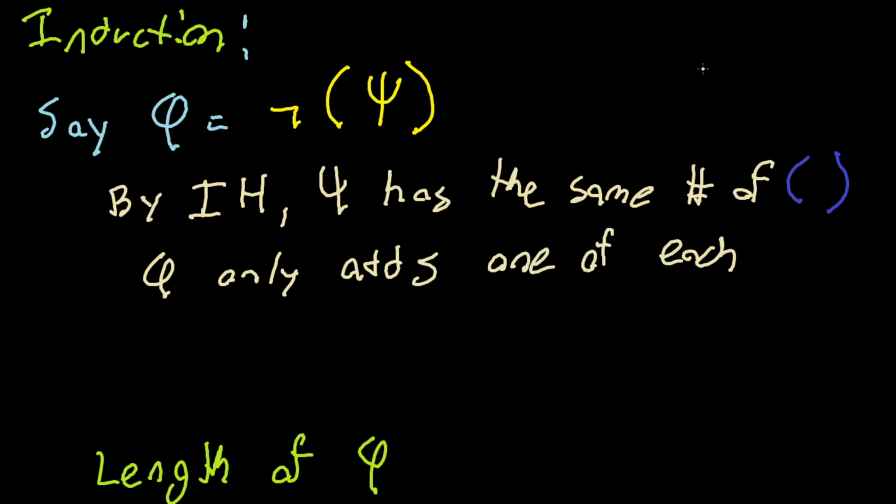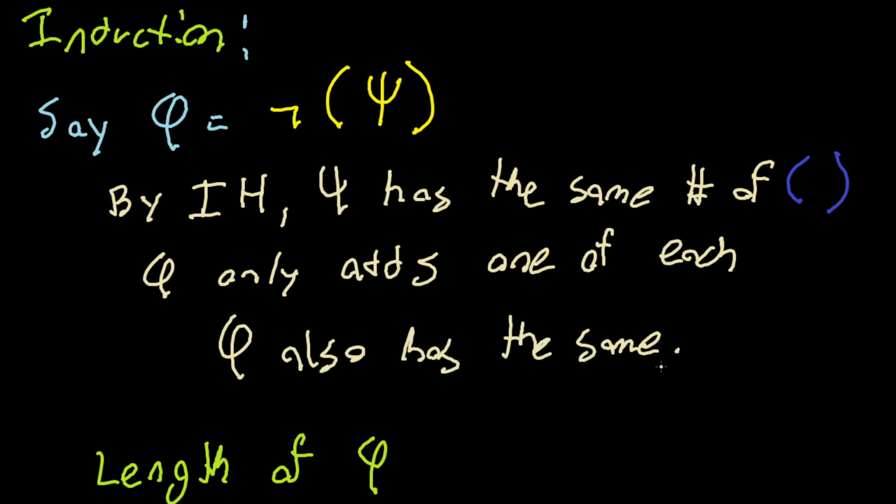So clearly, if we add precisely one open parenthesis and precisely one closed parenthesis, phi also has the same. That's case one. And this might be a good moment to pause and see if you can piece through case two on your own to make sure you're following what this inductive proof looks like.